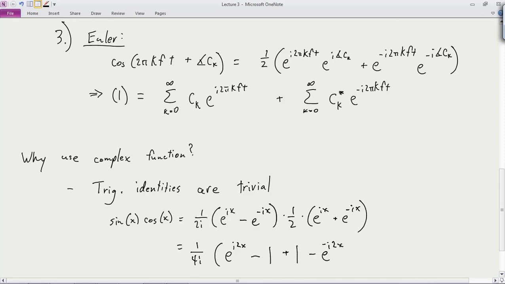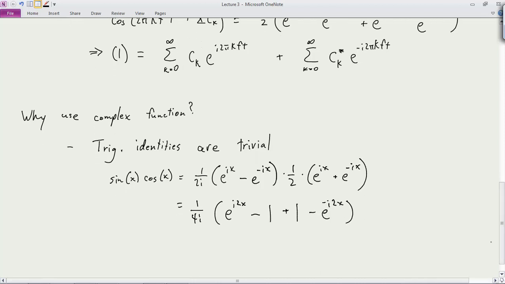I just cross-multiplied everything. And that means it's this. And we can identify that as 1/2 sine 2x.